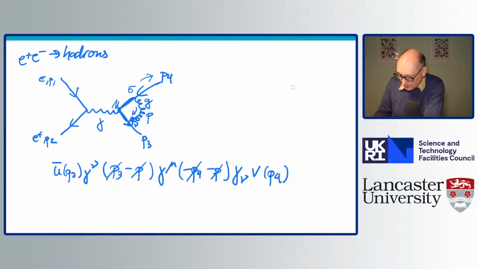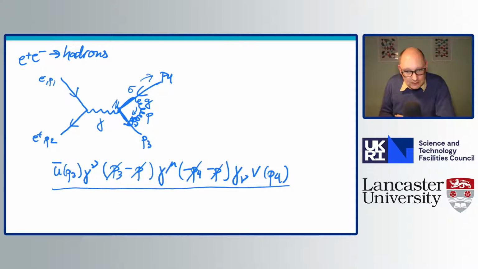Now of the propagators, we would then have a p3 minus p squared, that's this gluon propagator, and then the contribution from the fermion propagators would be a p3 minus p, this fermion propagator there.